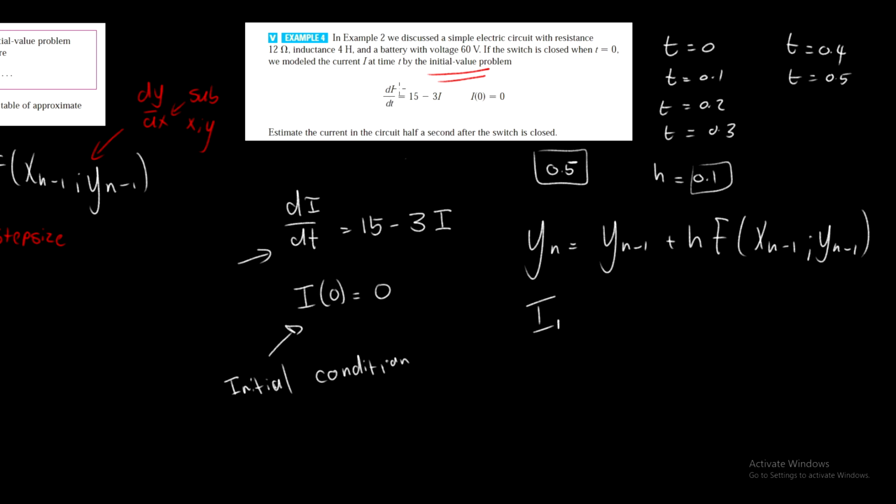So in this case, our y is our i and our x is our t. So I need to find the first current. So look how I do it. You plug in 0 plus the step size, 0.1, and then you plug in your differential and you plug in y again. So it's going to be 15 minus 3 times 0. Okay, then we can find our first i.